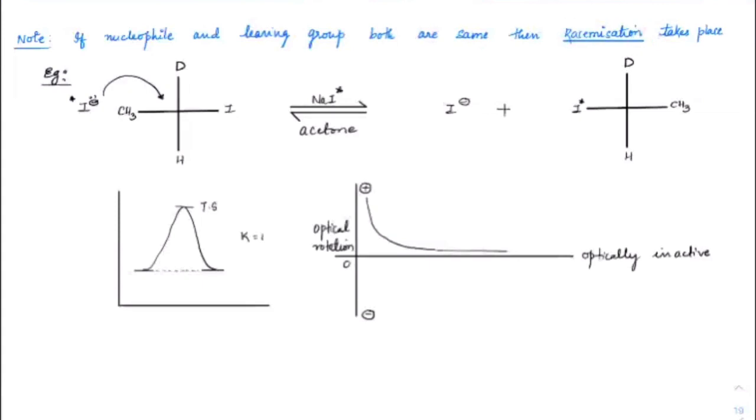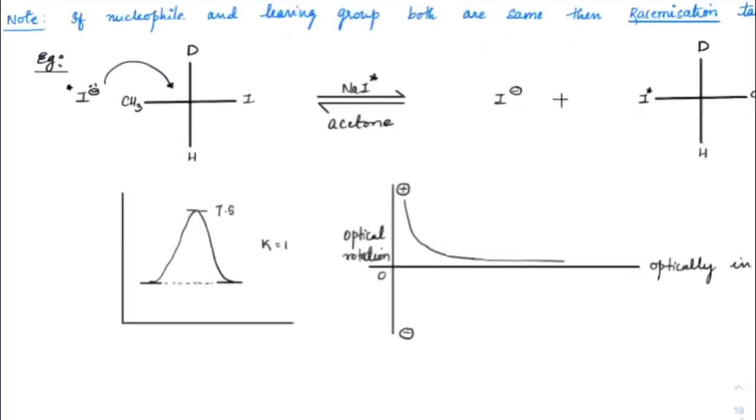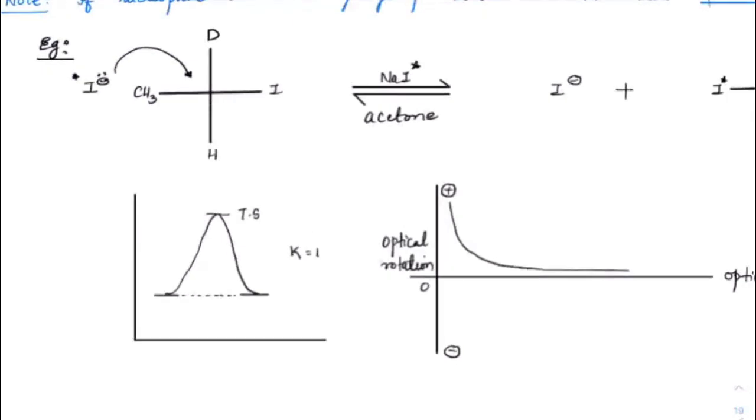Of course, considering it is an SN2 mechanism, suppose this is an isotopic iodine, maybe 137 iodine attacking on this carbon, which is connected to 135 iodine. Got it?